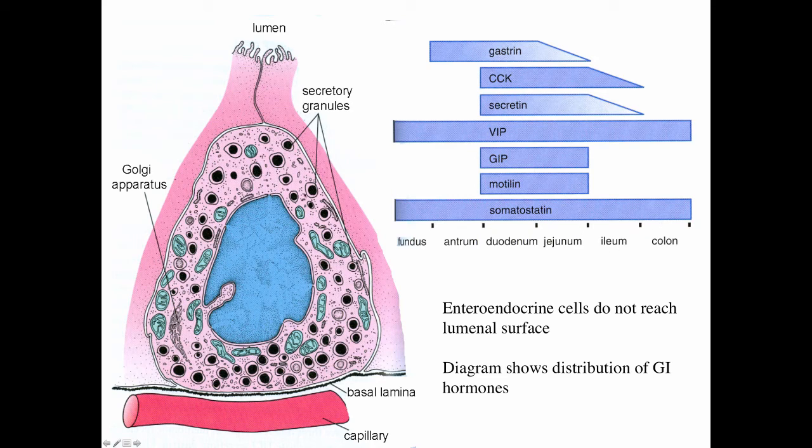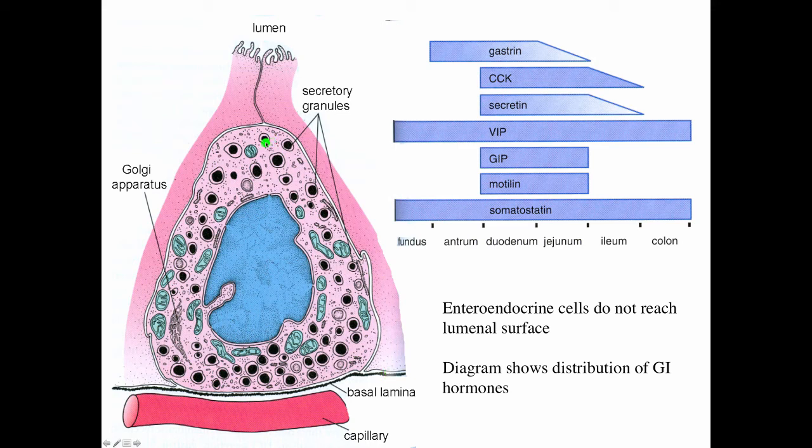The diagram on the left is an enteroendocrine cell, and it's showing that this cell is actually polarized for secretion, but the secretion is towards the basal lamina, because these are products that are secreted into the bloodstream to act either in an endocrine manner to distant areas in the body, or these could act in a paracrine manner, secreted into the lamina propria, where they'll interact with other epithelial cells in the GI tract.